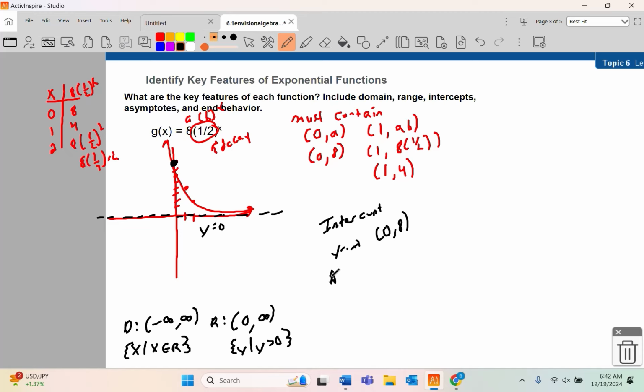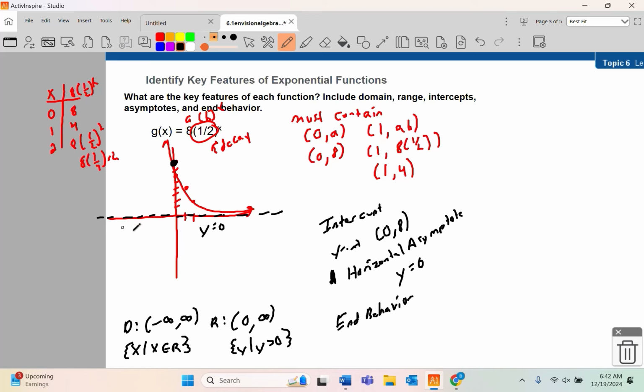Asymptotes. We have a horizontal asymptote. It is at y equals 0. End behavior. You guys are familiar with the layout on end behavior.